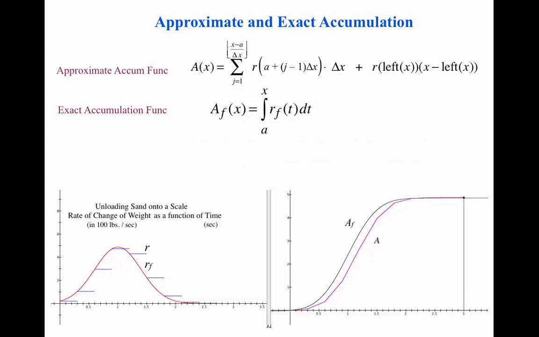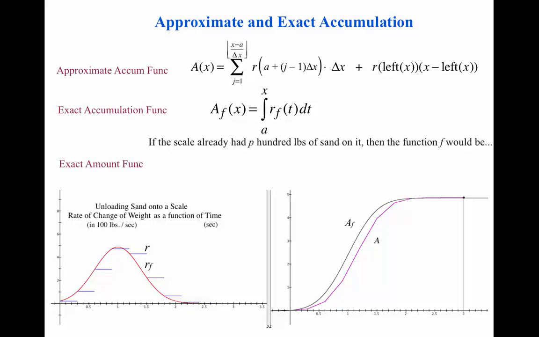So now what about f? This is the accumulation of the quantity. We talked about amount functions. Suppose that the scale already had p, 100 pounds of sand on it. Now the function f, all along we've been talking about some function f. What is f? f is the total amount of sand, of weight, on the scale.